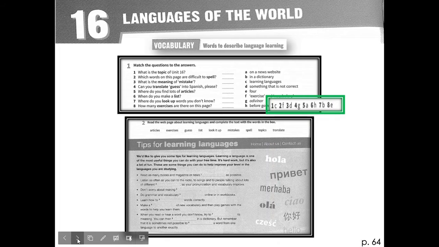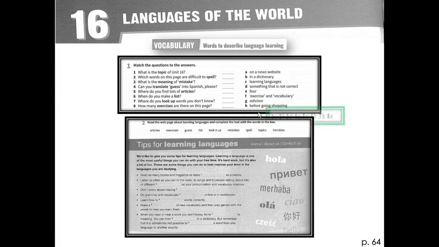Number 2, which words on this page are difficult to spell? So spell, how to spell? Spell should be the answer here. Number 2, F. For learners, long words with many letters tend to be a bit harder to spell.